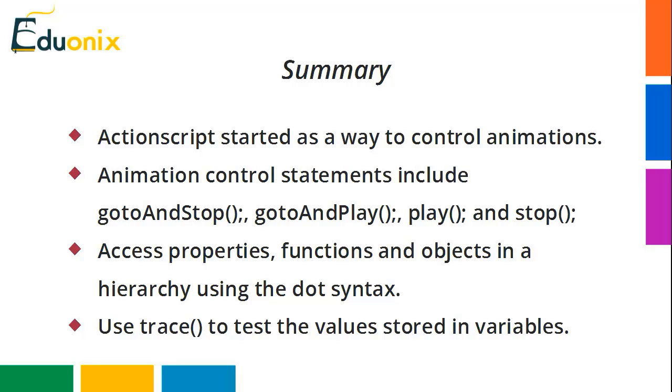You can use the dot syntax to access properties, functions, and objects in a hierarchy, and we'll be seeing more of that in later lessons. And I've just shown you the trace function, which can be used to test values stored in variables. And in the next lesson, we'll be going back to our button and linking it to a text change.